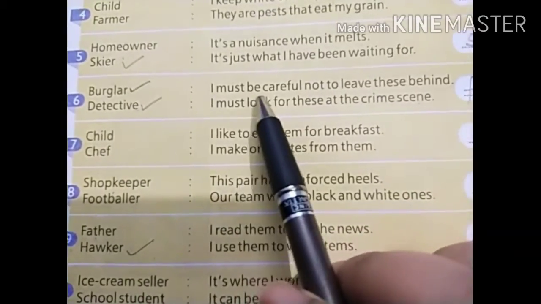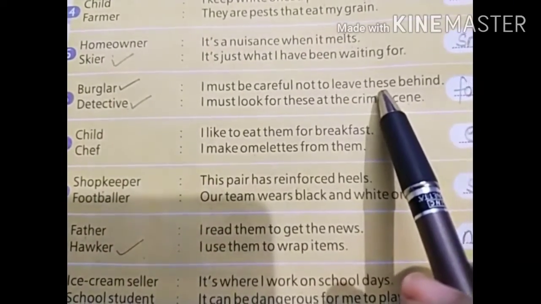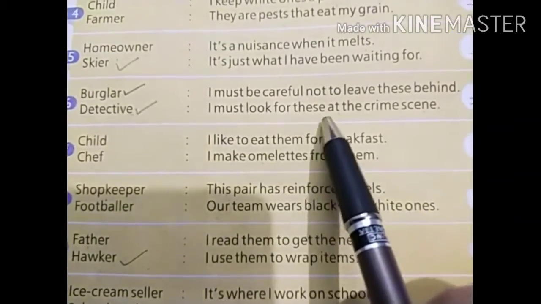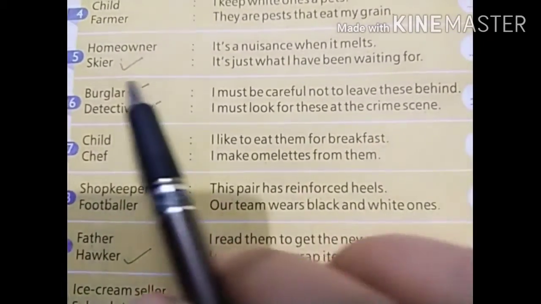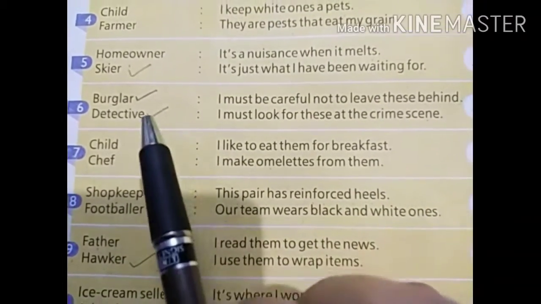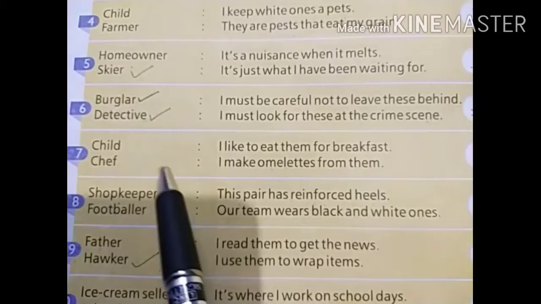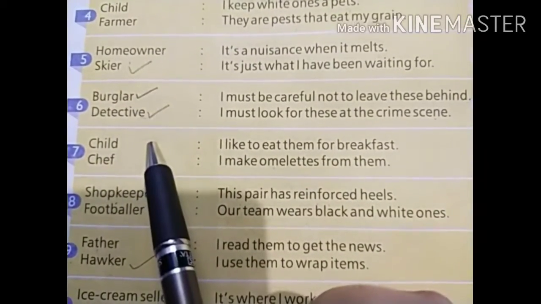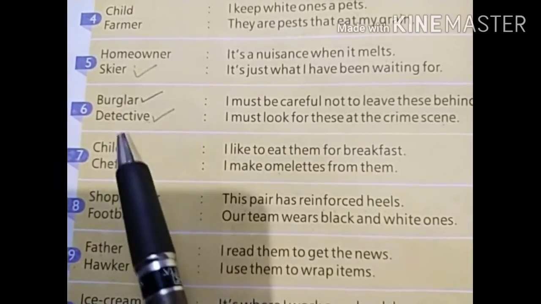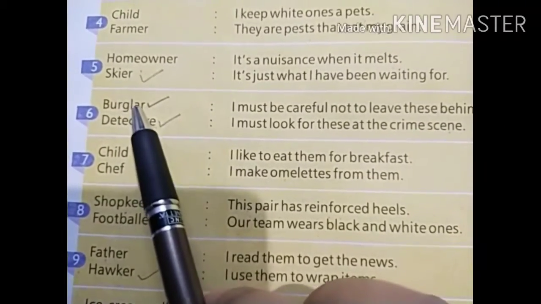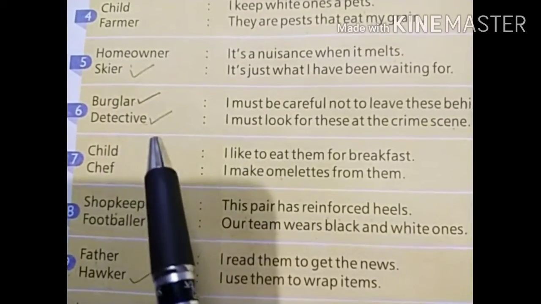Now the next question, number 6. Burglar: I must be careful not to leave these behind. Detective: I must look for these at the crime scene. A detective is the person who finds out criminals and sorts out different criminal cases, and a burglar is actually a criminal.